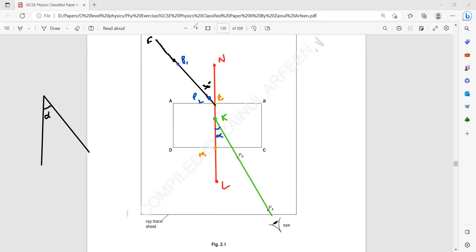One of the lines I have to use as a base. If I use this line as a base, the protractor will be placed in this manner. The zero of the protractor should be on the line we are using as the base. Or if I use the second line as a base, I place the protractor the other way around, and that will be zero. So it won't make a difference to the value.